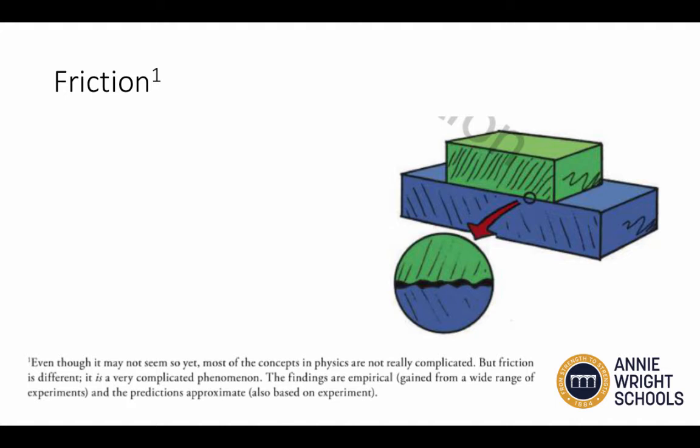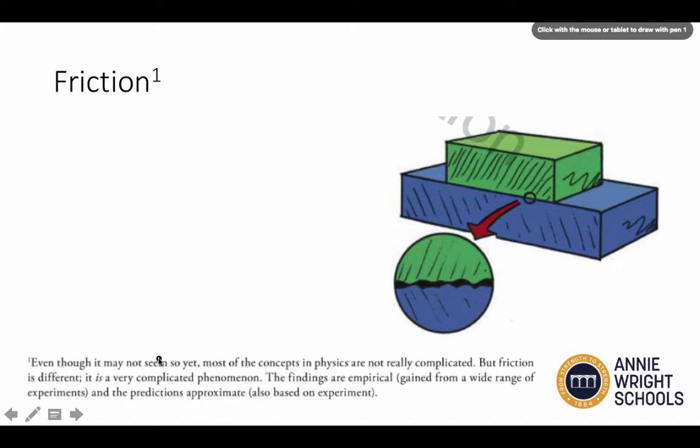I copied this footnote from the book in your reading because I thought it was so great. Even though it may not seem so yet, most of the concepts in physics are not that complicated, but friction is different. It is very complicated. The findings are empirical, meaning that we've gained all of this from experiments, and so our predictions on friction are also approximate.